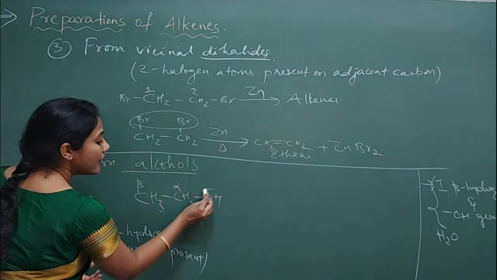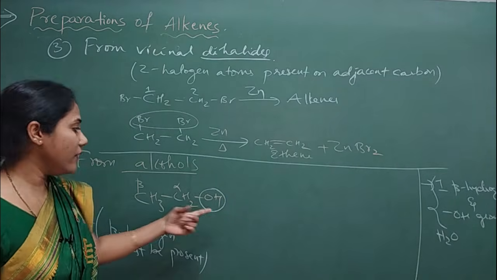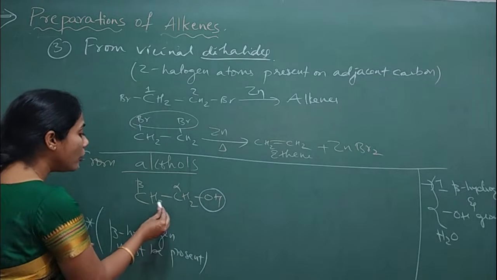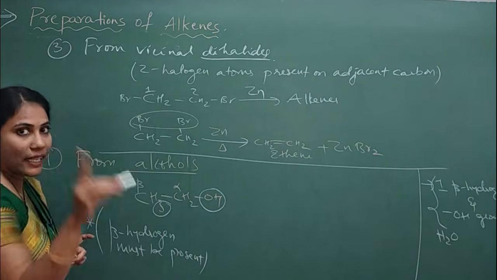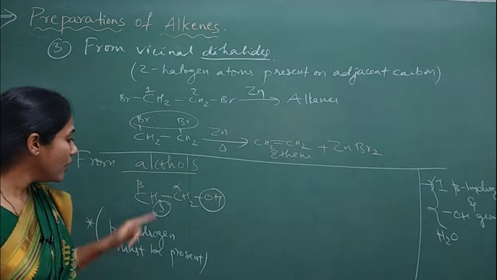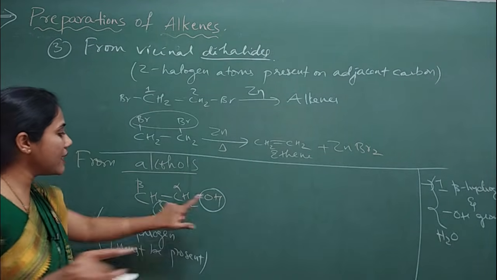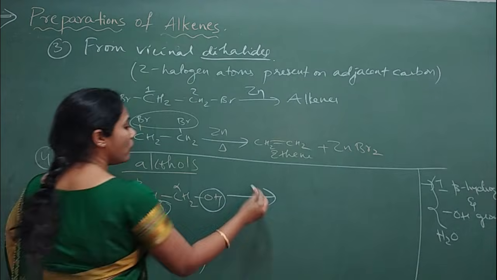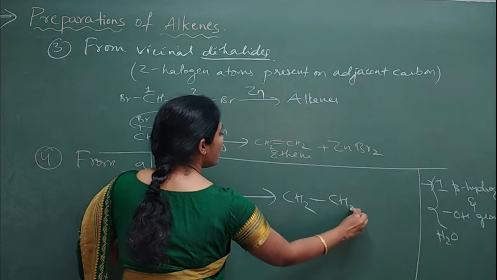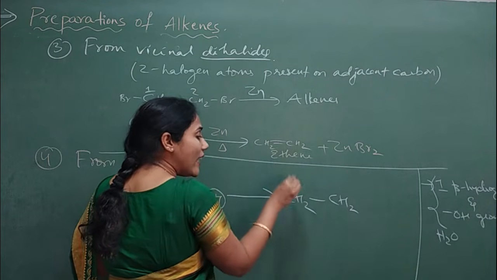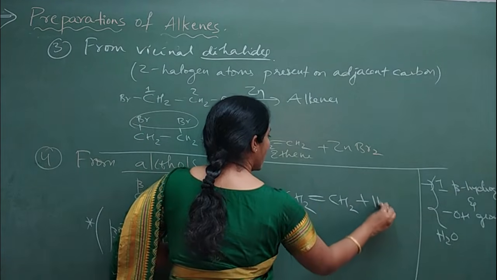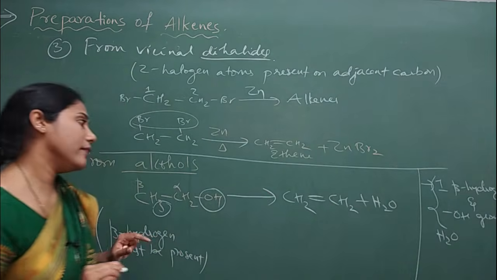Alcohol will definitely have an OH group, so that OH group you are removing along with one beta hydrogen. You actually have three beta hydrogens here; one you are removing. So what is the product that you get? What is remaining here? CH2, and here CH2. To balance the valency of both carbons, we'll introduce a double bond, plus water. So this is the reaction that takes place.